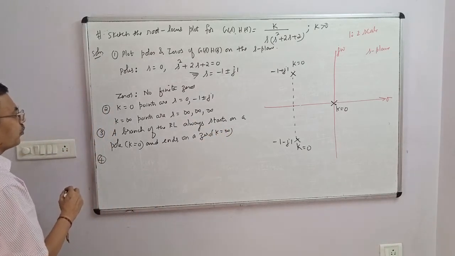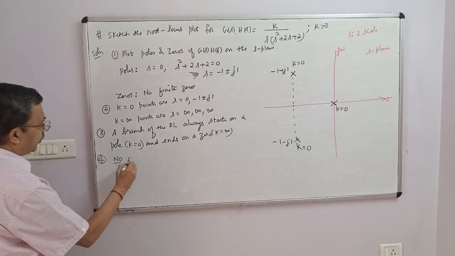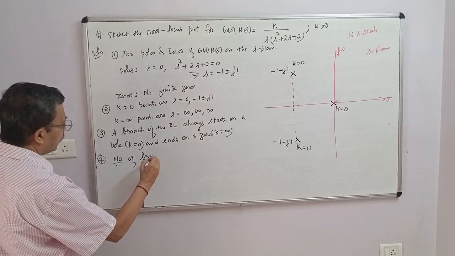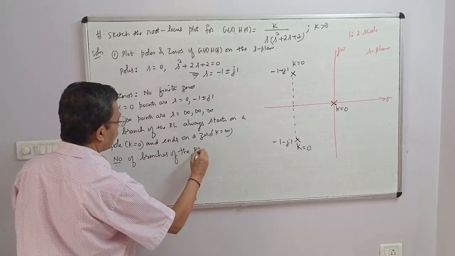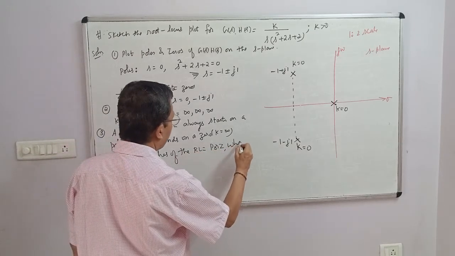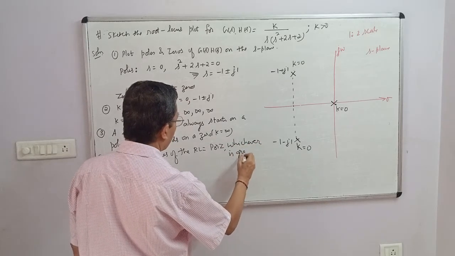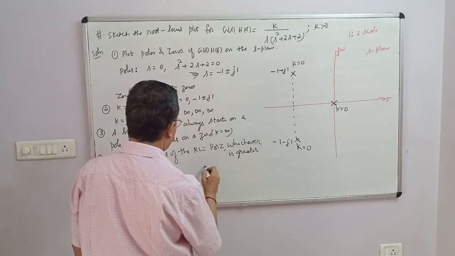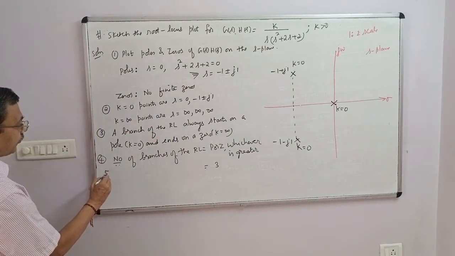Fourth one. Number of branches of the root locus is equal to p or z, whichever is greater, is equal to 3. Next step.